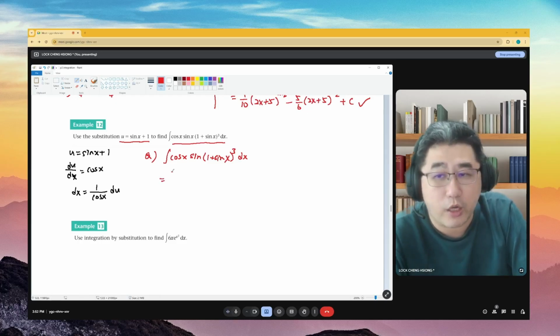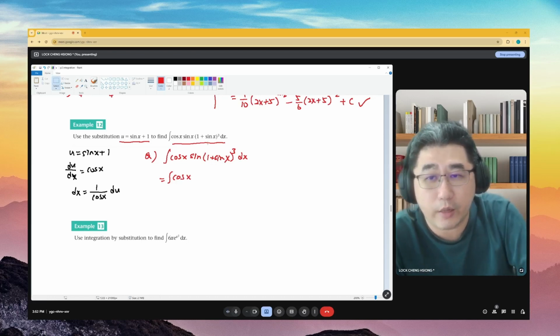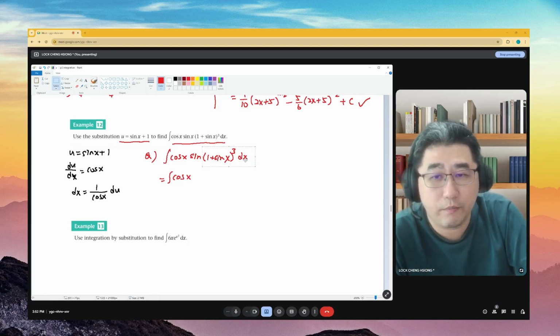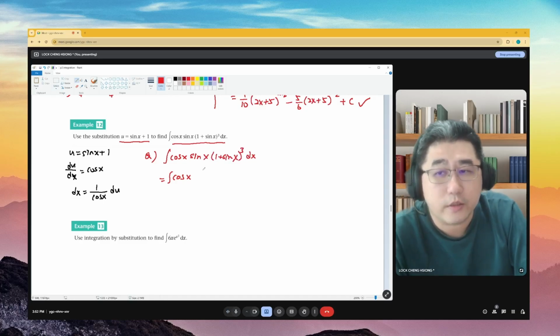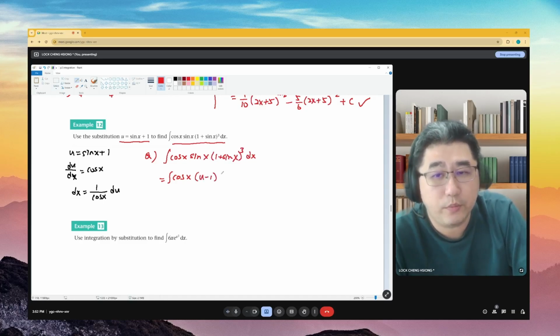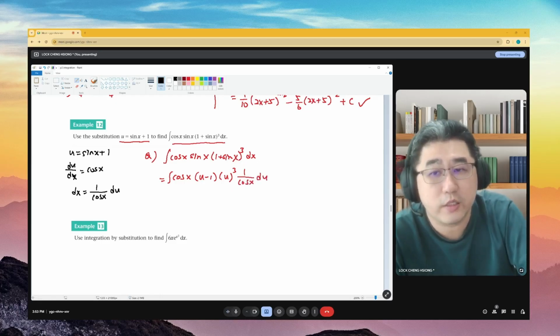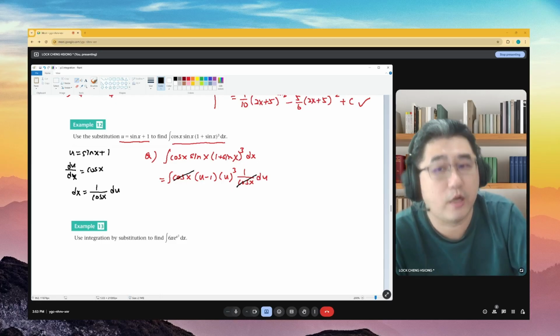So cos x, nothing to change; I'll leave it there first. Then sine x I change to u minus 1, 1 plus sine x I change to u power 3, and the dx I change into 1 over cos x du. So you can see that the cos x and the cos x here got cancelled off.